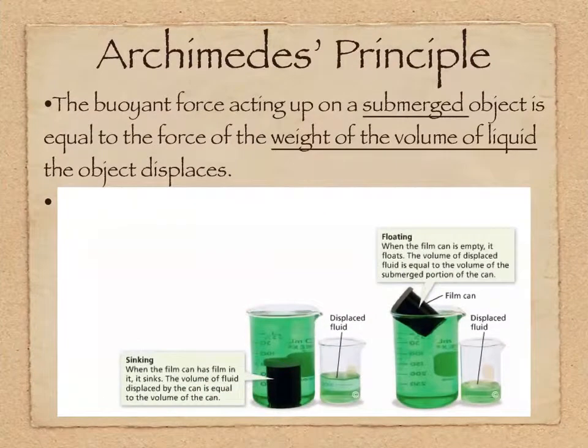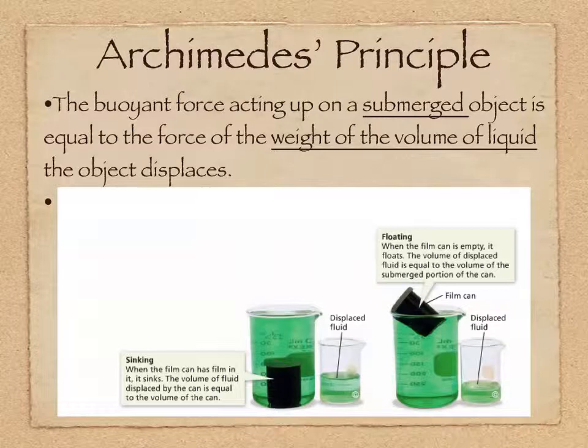Archimedes' Principle. Okay, this is a big one. We're going to be doing a few labs on this, and it's pretty important. I'd like you to write this down. Archimedes' principle says that the buoyant force acting upwards on a submerged object is equal to the force of the weight of the volume of liquid the object displaces.